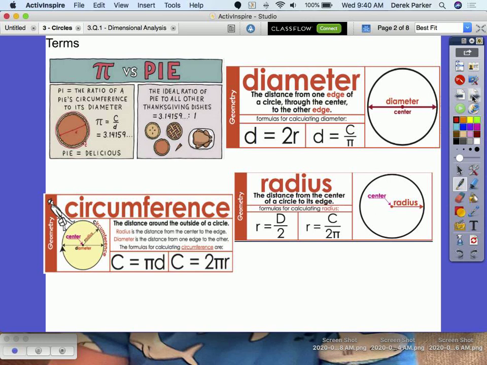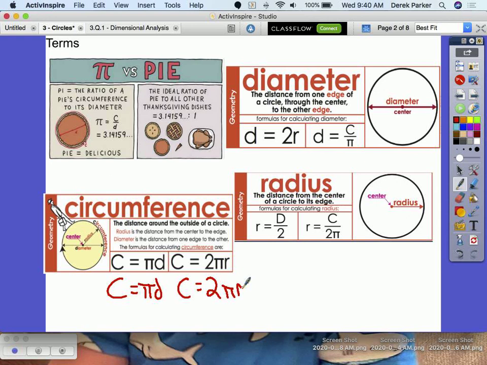So the circumference is the distance around the circle, the entire distance around the circle. And there are two formulas to find circumference: C equals pi d, or C equals 2 pi r. Either one of these formulas will give you the circumference.